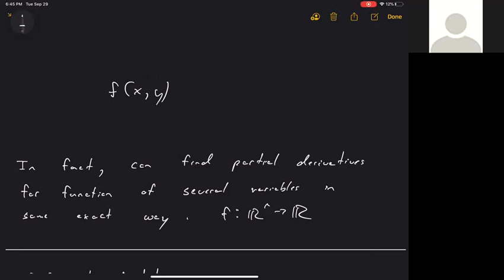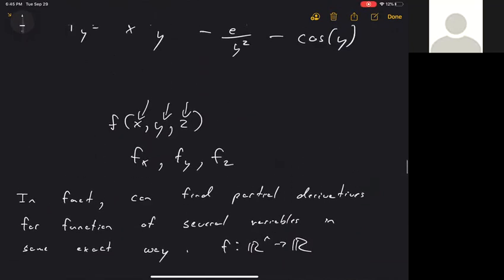We'll talk about directional derivatives later, but what I'm trying to say is if I have a function of many variables like f of x, y, and z, I can find partials for every independent variable. So in this case, I'll have the partial with respect to x, let's write it as f sub x, I'll have partials with respect to y, and I'll have partials with respect to z. Okay, if they exist.